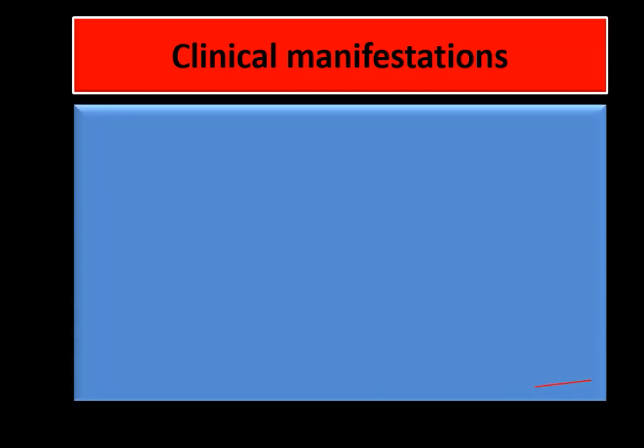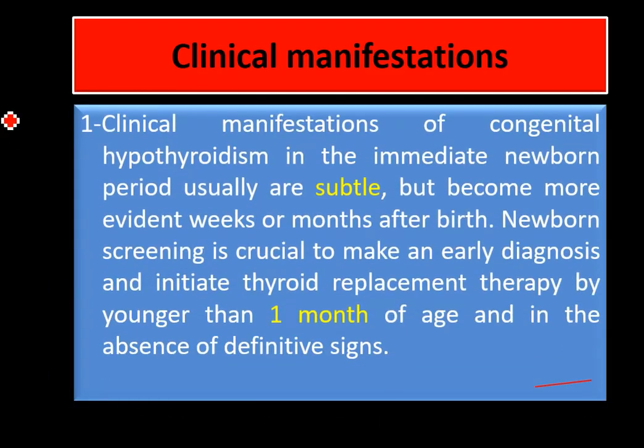Clinical manifestations of hypothyroidism in the immediate newborn period are usually subtle, but may become more evident weeks or months after birth. So newborn screening is crucial to make an early diagnosis and initiate thyroid replacement therapy before 1 month of age, in the absence of definitive signs.